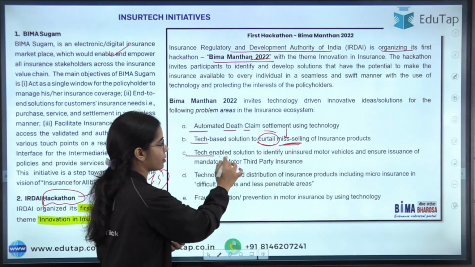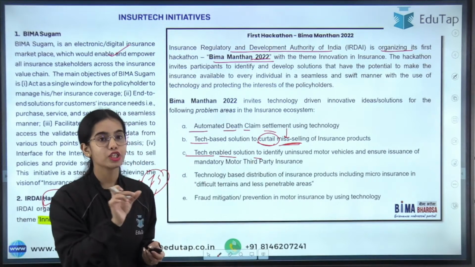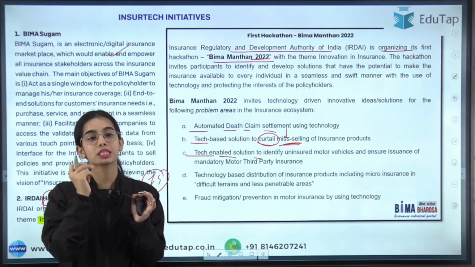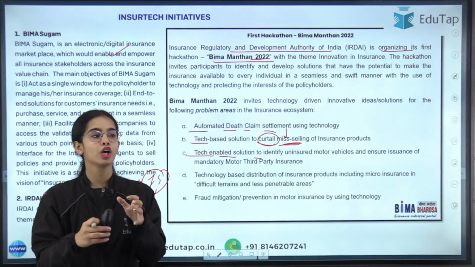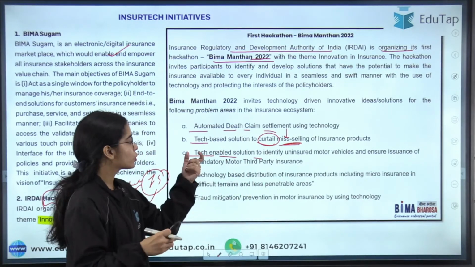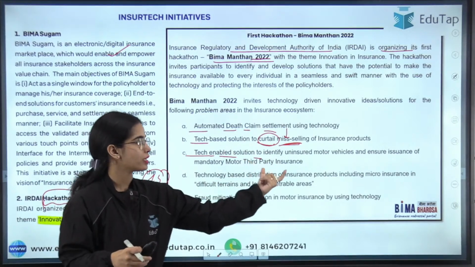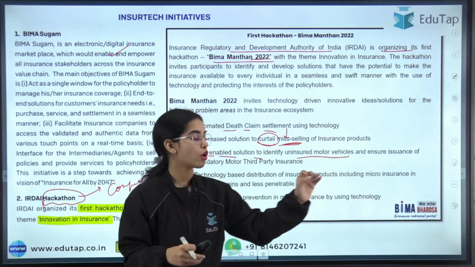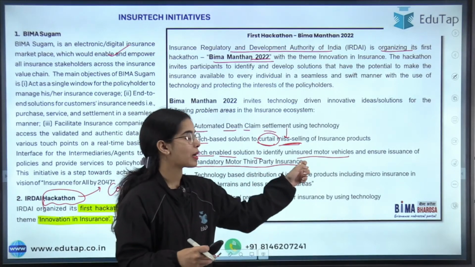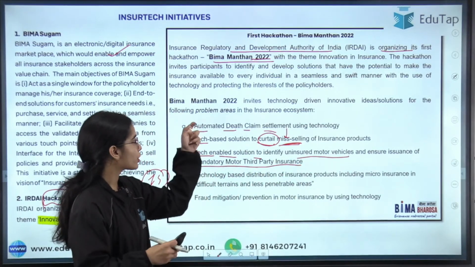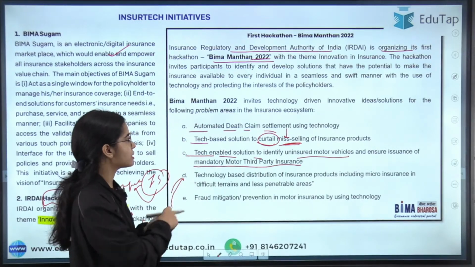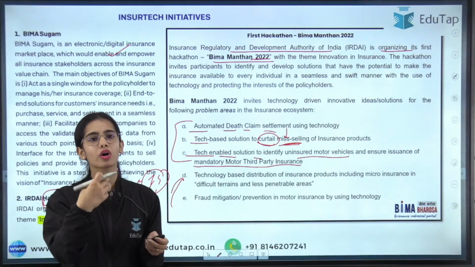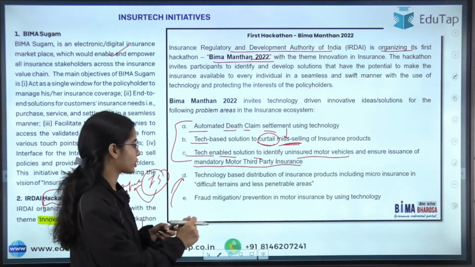Third, a tech-enabled solution to identify the uninsured motor vehicles, because third-party motor insurance is compulsory and should be happening to insure the other party, and to ensure that issuance of mandatory motor third-party insurance is happening. These are the problem statements identified by the IRDAI, and it is taking innovative solutions on them.